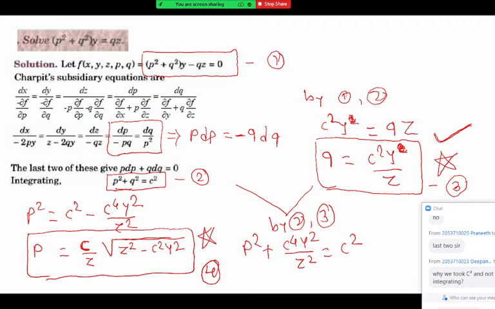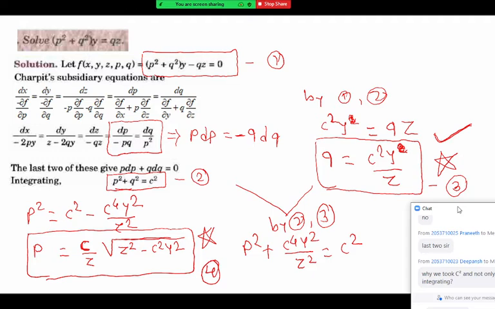So your p value will look like this. Your q will be cy upon z, and your p will come root c by z, square root of z square minus cy. Okay, is it okay? Correct. So the choice is yours.